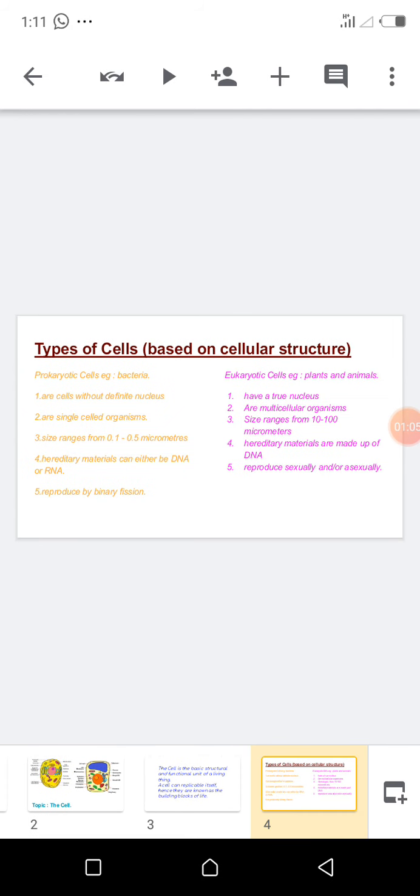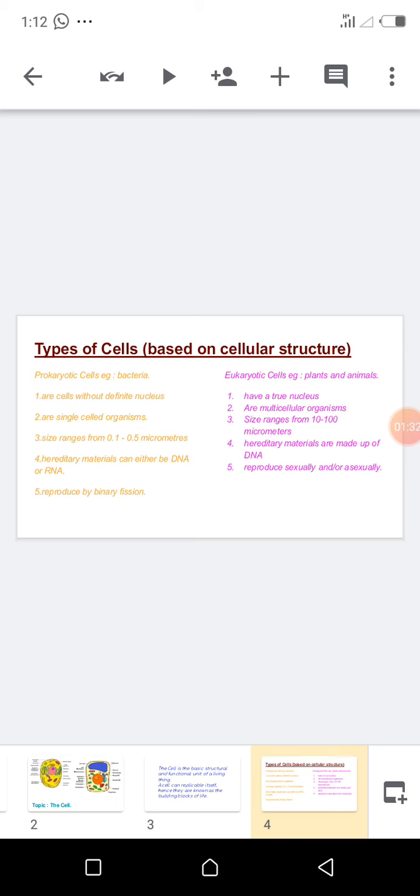Now, based on the cellular structure of the cell, we have two types of cells, the prokaryotic cells and the eukaryotic cells. The prokaryotic cells are cells without a definite nucleus. They are always single-celled organisms, that is unicellular organisms.